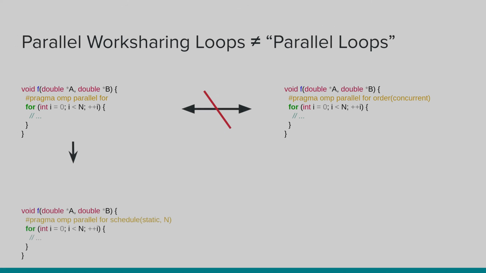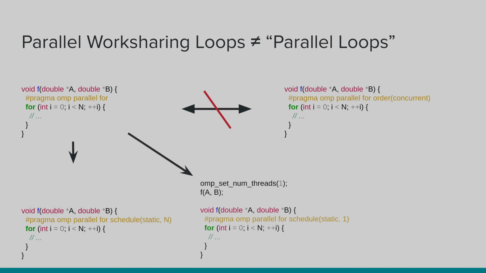For one, if the schedule chosen for the parallel work sharing loop has a chunk size that is bigger than the loop iteration count, that loop is executed sequentially. So there is no parallelism at all. Similarly, if somebody sets the number of threads to 1 before that loop is executed, again, no parallelism at all.